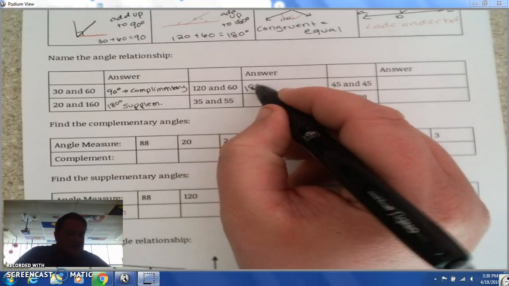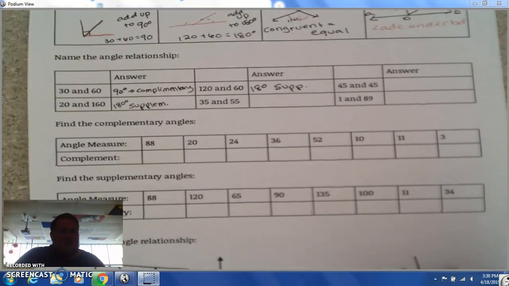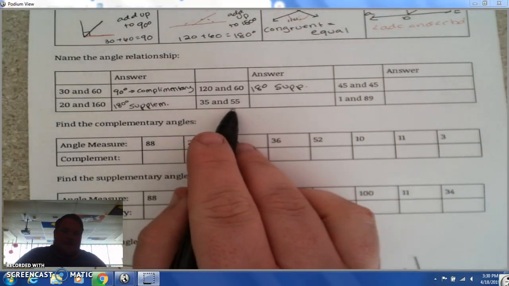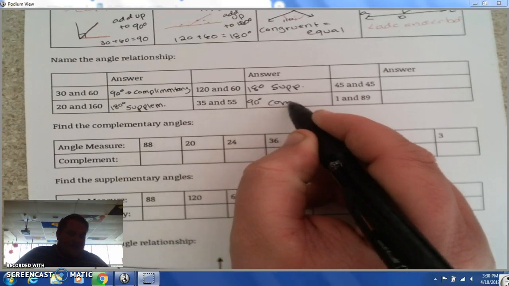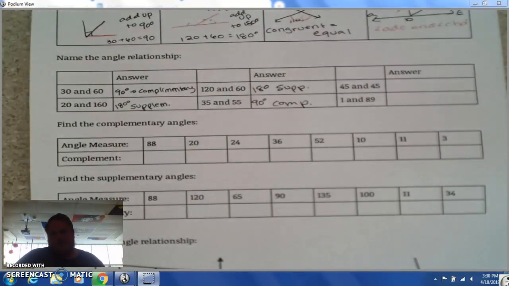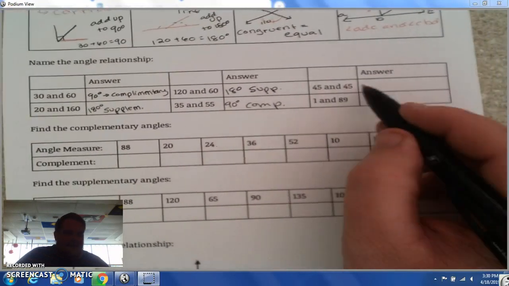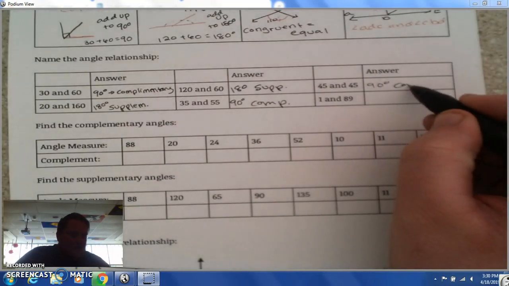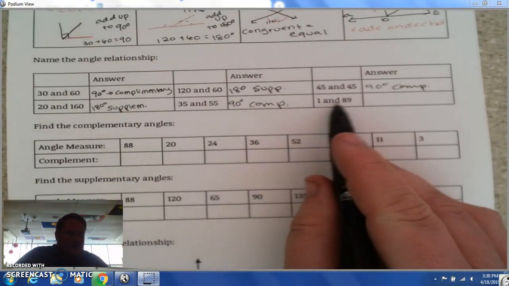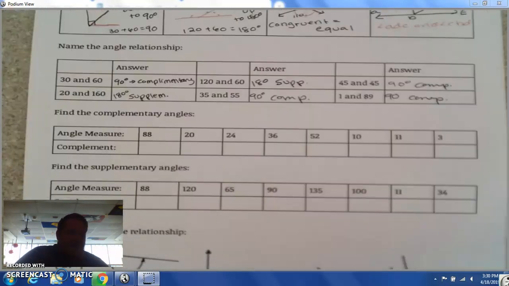That's 180, that's supplementary, okay? 35 and 55 is 90 degrees when you add it together, so that's a complementary angle. 45 and 45 added together is 90 degrees. So that means that those are also complementary. And 1 and 89 adds up to 90, so those are complementary as well.